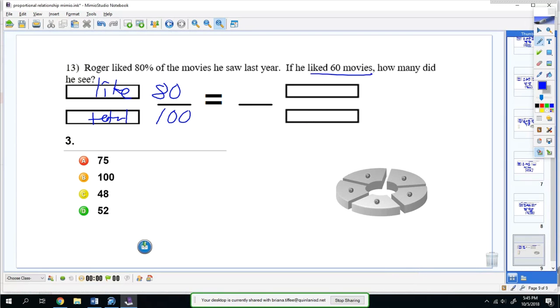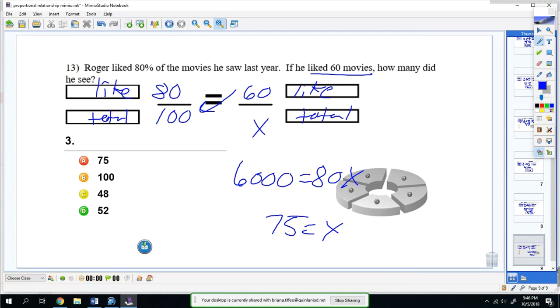So if he liked 60 movies, so 60 movies on top, and 100, excuse me, and x goes on the bottom, because that's what you're trying to do, is find the total. So you can do 60 times 100, which is 6,000. I'm going to write that down here. And 80 times x. And then 6,000 divided by 80 is 75. So he liked 75 of the movies he saw.